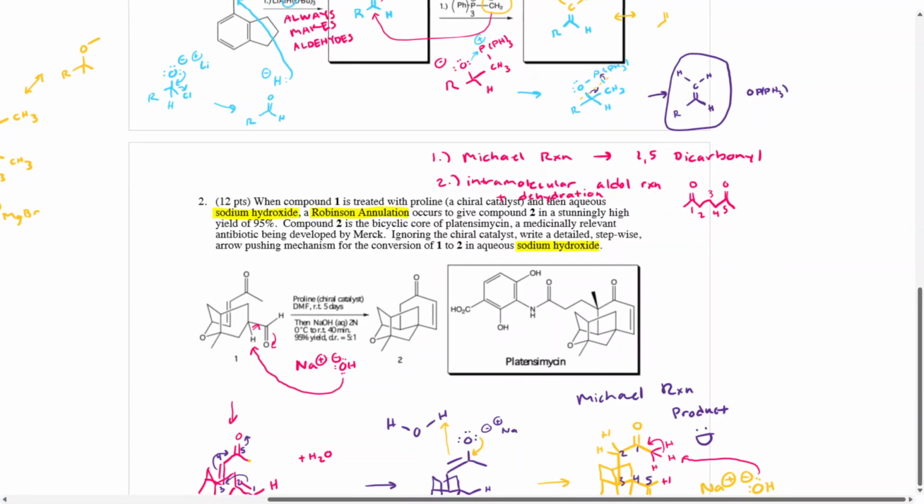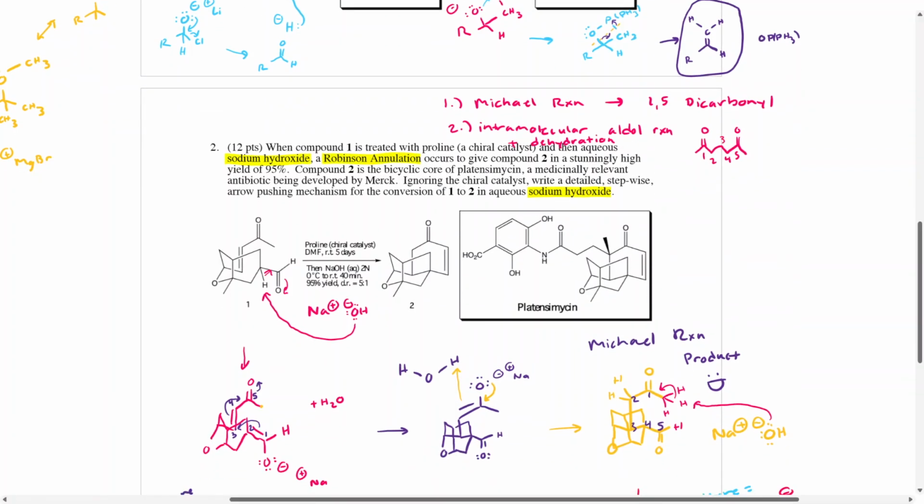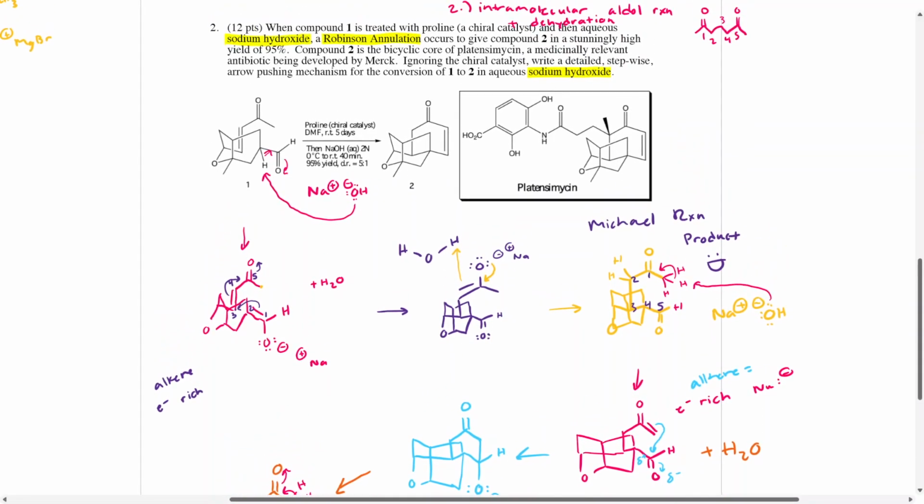But it was pretty fun, even though we had to keep drawing that weird molecule. So the main thing you want to take away is that a Robinson annulation is going to have a Michael reaction that forms a 1,5-dicarbonyl, and it's going to be followed by an intramolecular aldol reaction, which is just where the alkene is going to attack the other carbonyl.